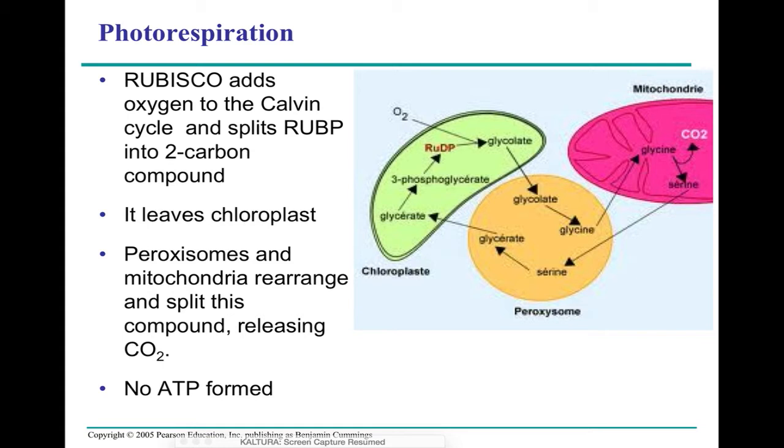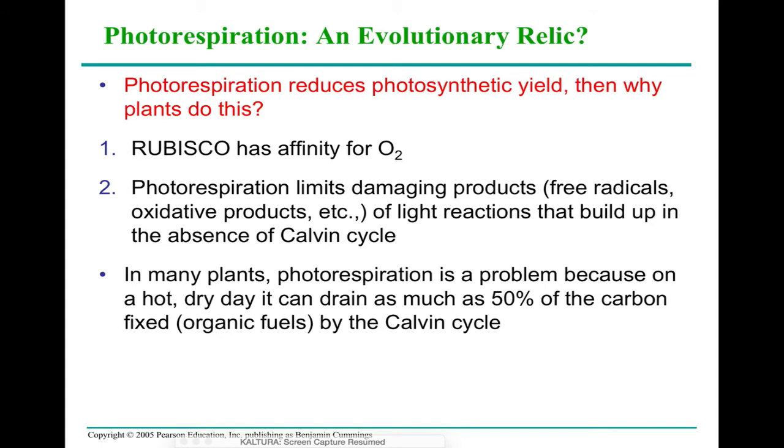Well, coming to this, as you can see, this is photorespiration. What is happening in photorespiration is RUBP is taking in oxygen and it is getting broken down, and no ATP is formed, right? Photorespiration is not a useful process, and the photosynthetic yield is reduced so much.